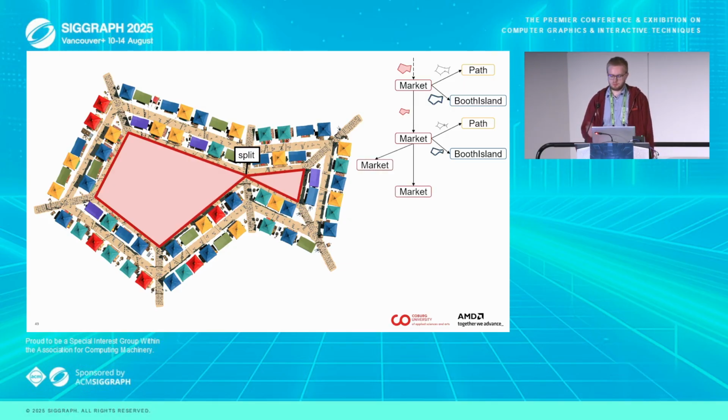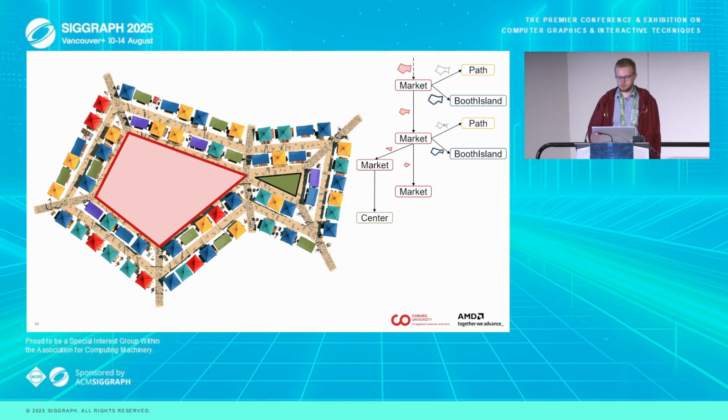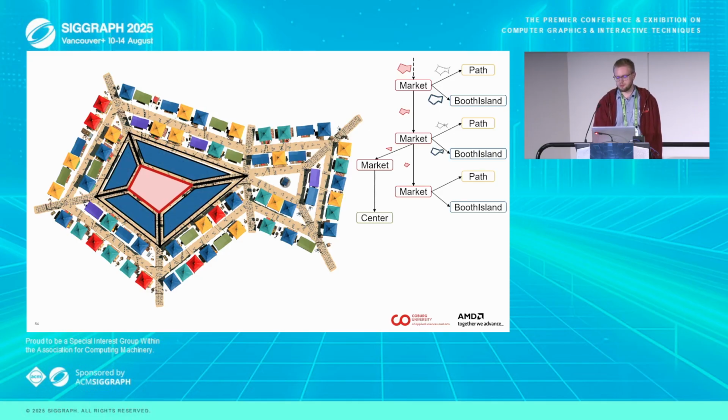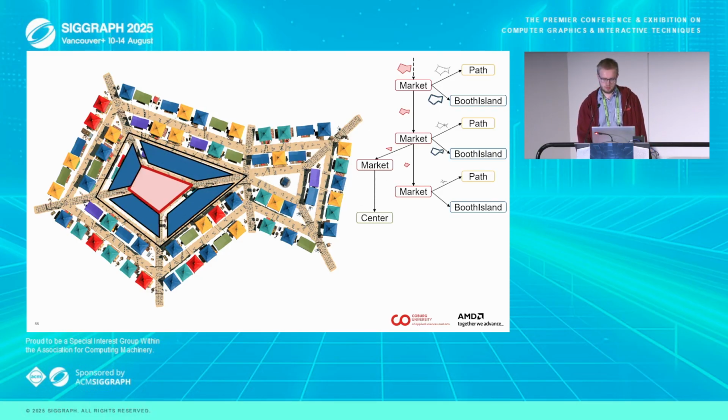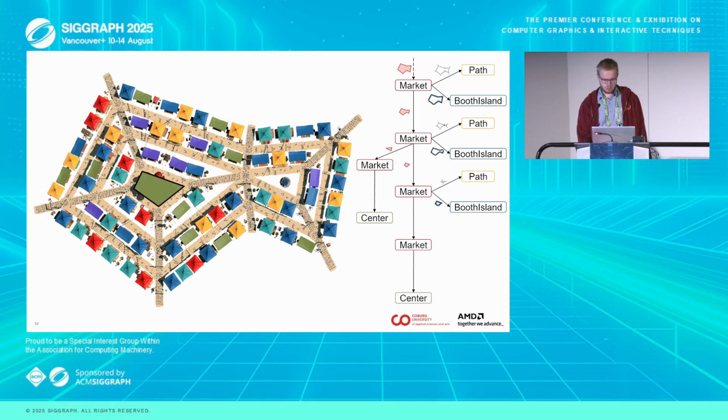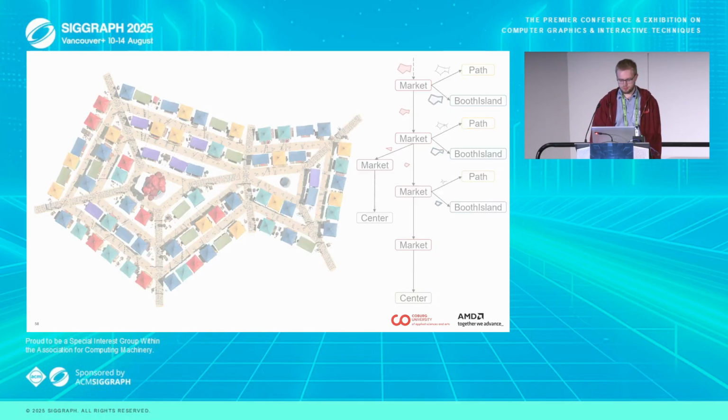And what we can do now, we can recurse into two markets, right, with work graphs. And that's exactly what we do. One half is now finished, and we finish with the special center, maybe a well. And the other market still has some outputs to do, and will be done now, and it finishes with a tree. All right, this concludes the market generation.